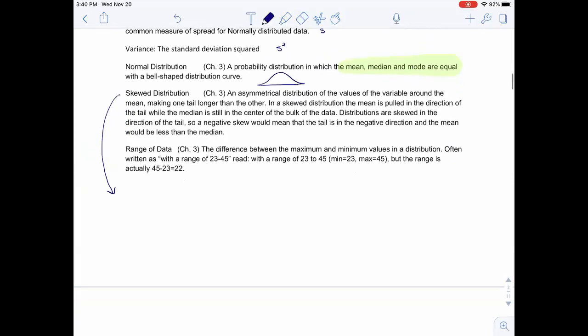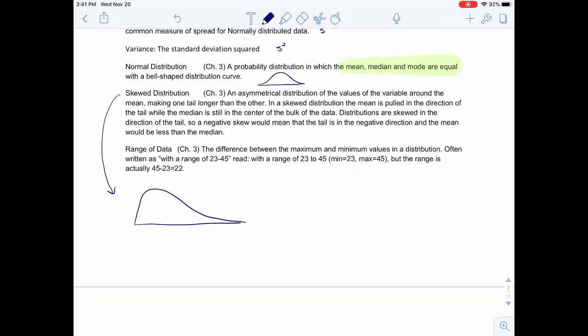There. So if you've got a skewed distribution, it might look something like this, right? This is skewed to the right because it's always skewed in the direction of the tail, right? And I'm positive it's, yeah, that's on here. Distributions are skewed in the direction of the tail.